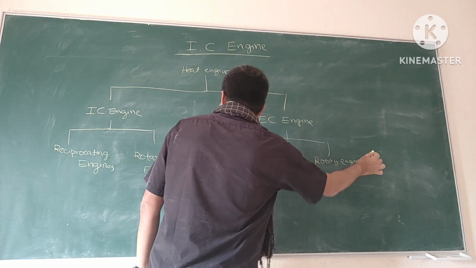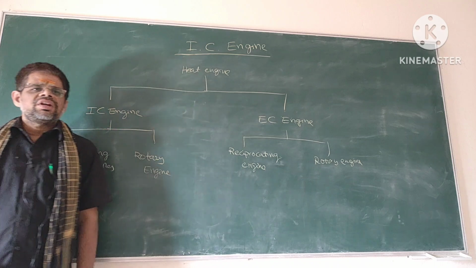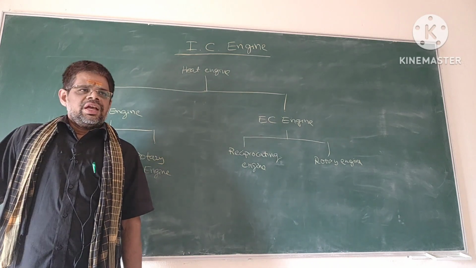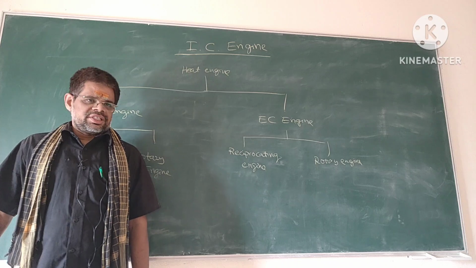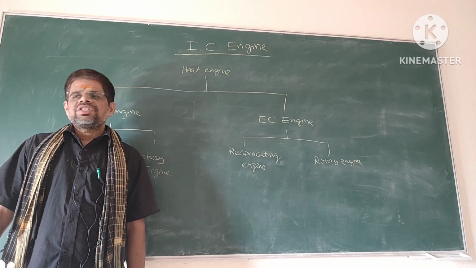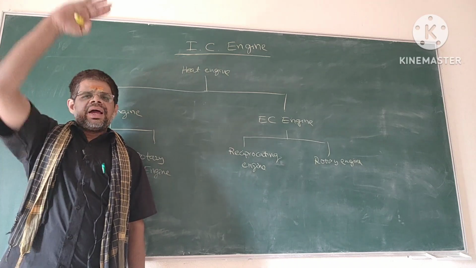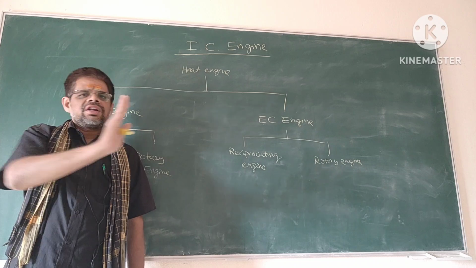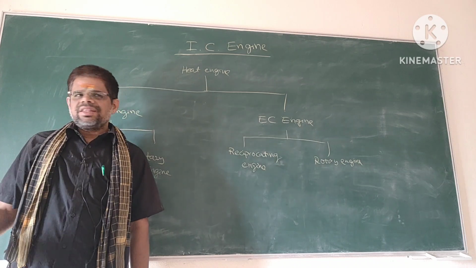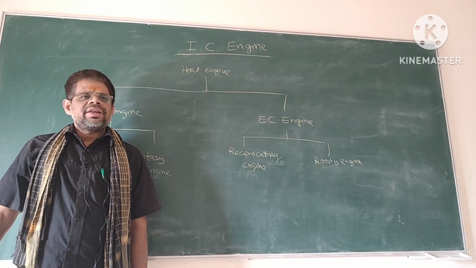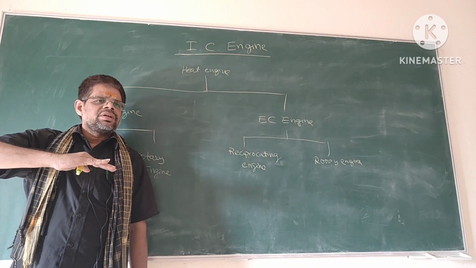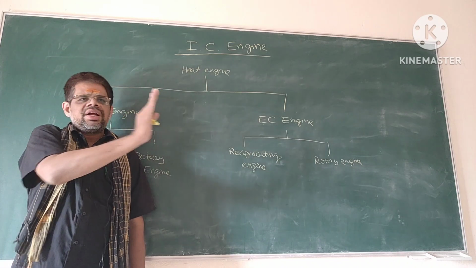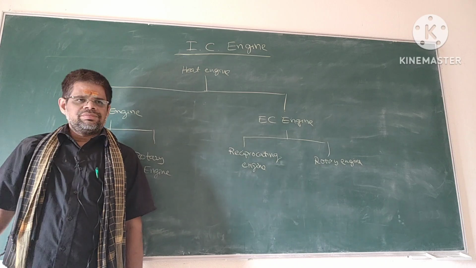So what is a reciprocating engine and what is a rotary engine? A reciprocating engine consists of reciprocating parts. Reciprocation means up and down, or left and right. There is a component called the piston, which reciprocates either from top to bottom, bottom to top, or from right to left and left to right.